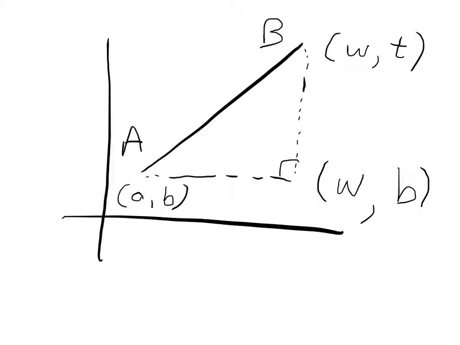Now what we need to do is find the lengths of the 2 legs of this right triangle formed. So let's go over here and see if we can find this length first.